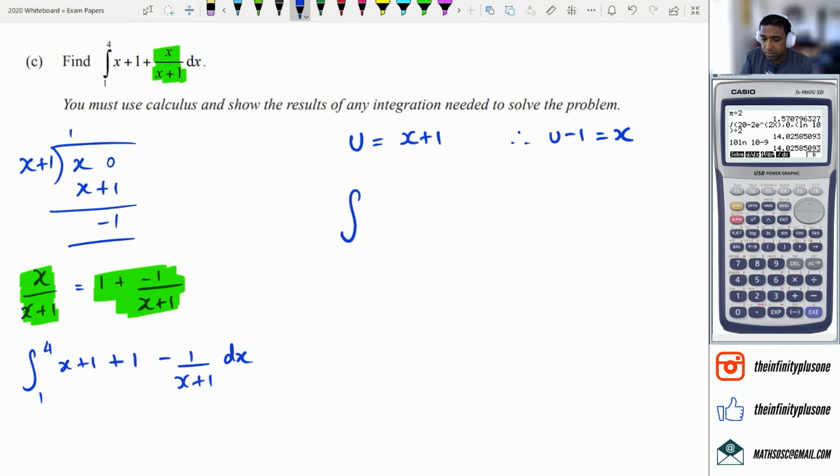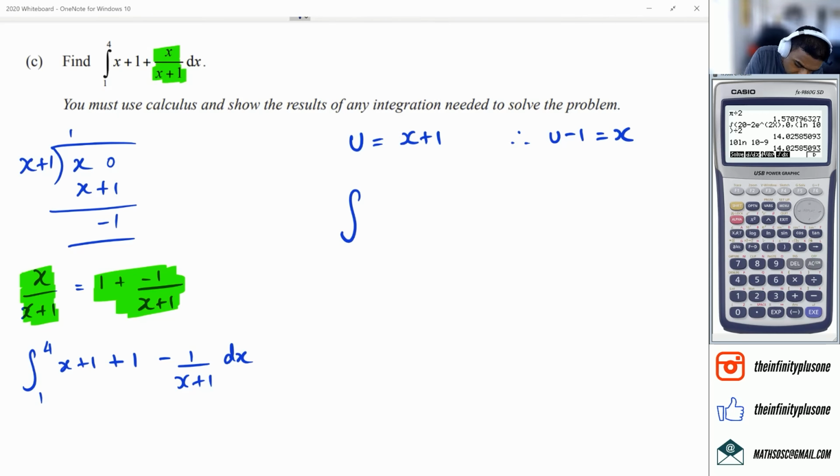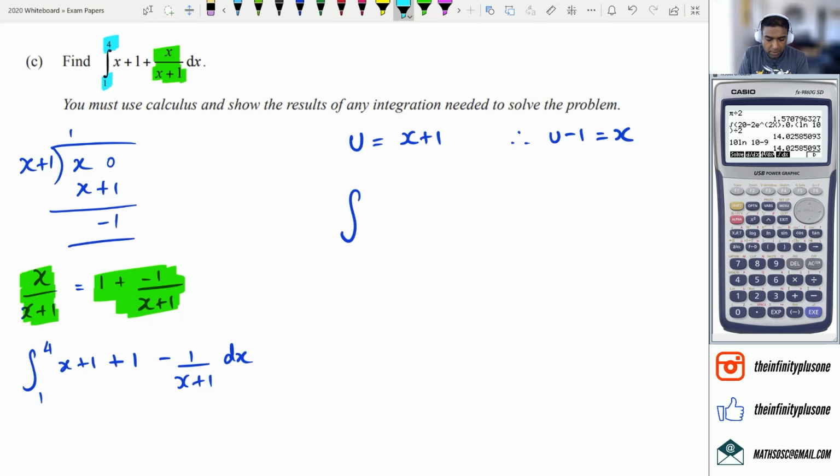I could just do all the substitutions straight away, because at the top here you've got 4 and 1. Because you've got 4 and 1, you need to change the limits for the u as well.